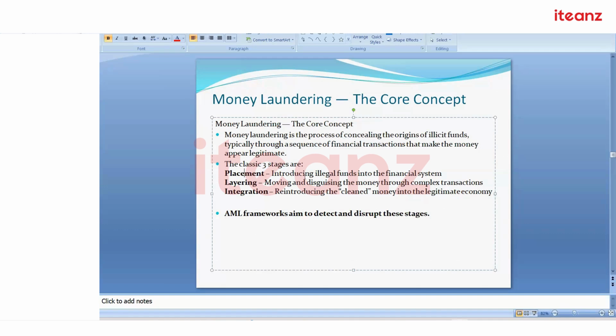XYZ giving the money to you is called integration. This is the whole cycle, how the money is transferred here and there, and finally it comes to you. So that black money converts to white money. Got the whole picture now?